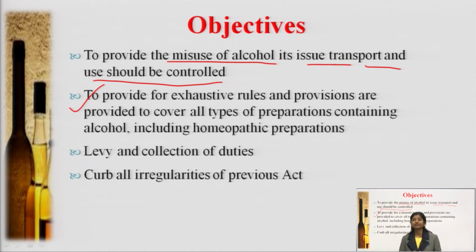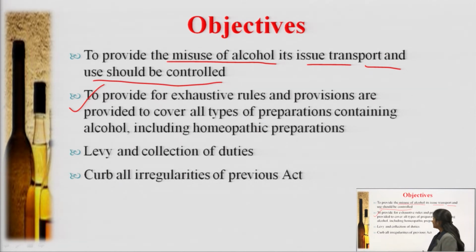Many drugs are directly formulated using alcohol. So, exhaustive rules should be made to control the misuse of alcohol while working on these preparations. These sectors should be controlled differently, like allopathic preparations as well as Ayurvedic and homeopathic preparations.